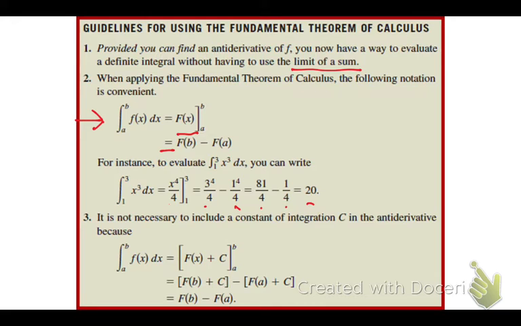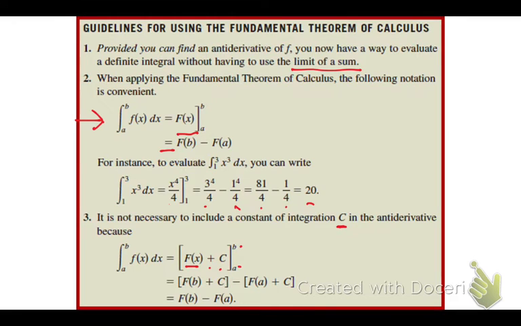If we have something like this, it is not necessary to include the c. Remember when we found integrals, we were always including the c? Plus c, plus c, plus c, plus c. This is going to show you why you don't have to do the c. When I do it out, I have F of x plus c from a to b.